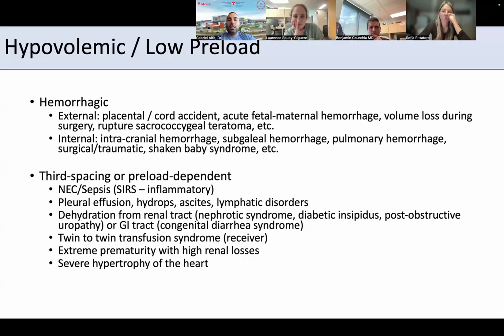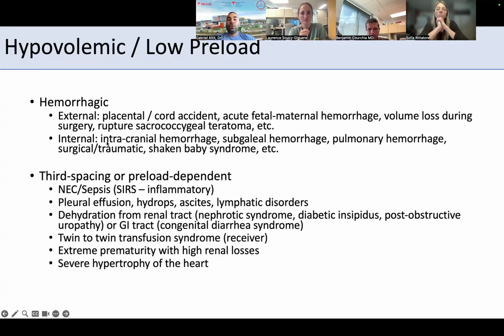Of course, if you see a case of sacrococcygeal teratoma and this patient has a rupture at delivery, this is not a case that you necessarily will need to immediately TNE, because this is the case that you immediately need to activate your transfusion protocol. And you need to have all these boxes coming and push with syringes, because they're just going to bleed out until you're able to either embolize or close off this hemorrhage with surgery.